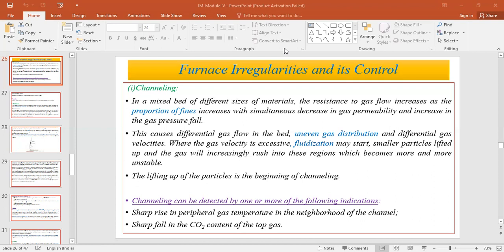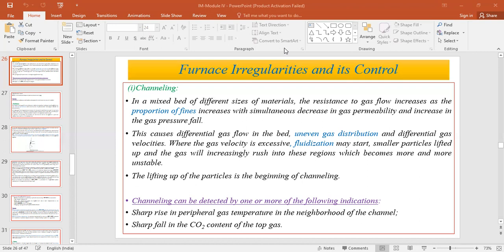As we all know, inside the blast furnace, thermocouples will be arranged in different parts across its height, through which we can identify the thermal profile of the blast furnace.